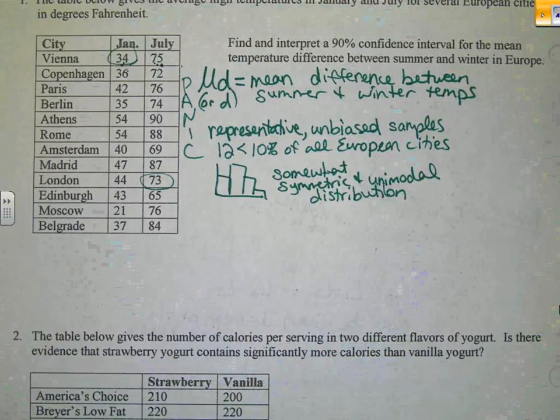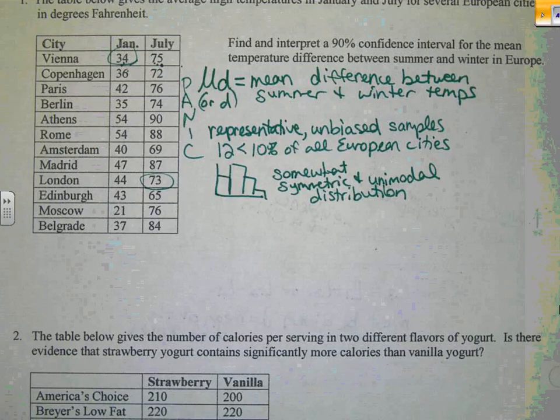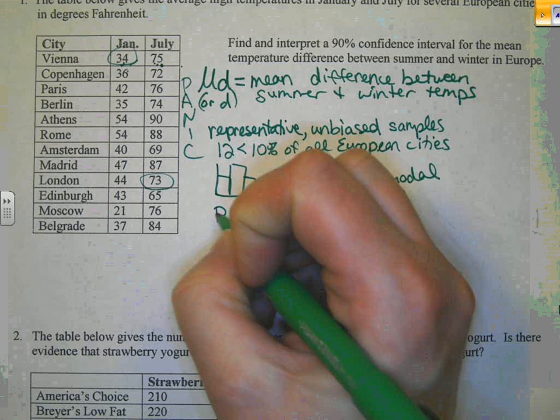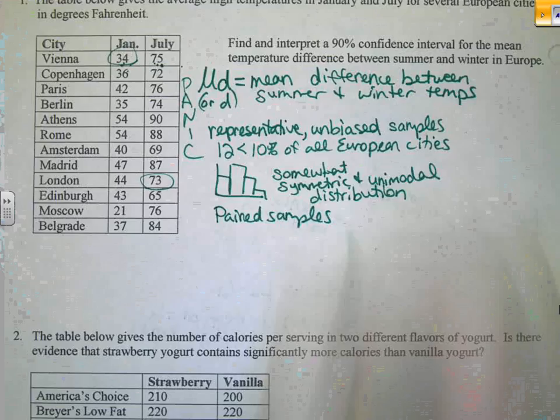Okay, the rest is easy. So those were our assumptions. So, are we doing an interval or a test? We don't need the fourth condition. Oh, yes we do. Thank you. What's our fourth condition? You can just say they're paired. Paired samples. Do we also need to say they aren't? No, it's fine.